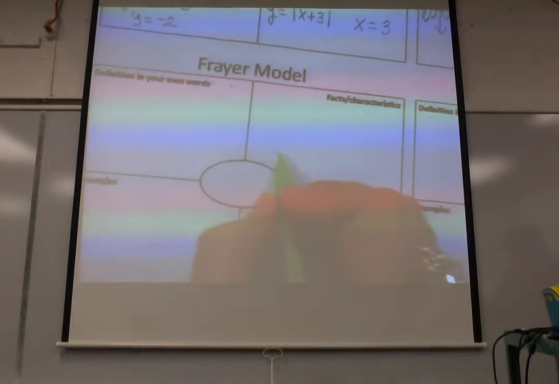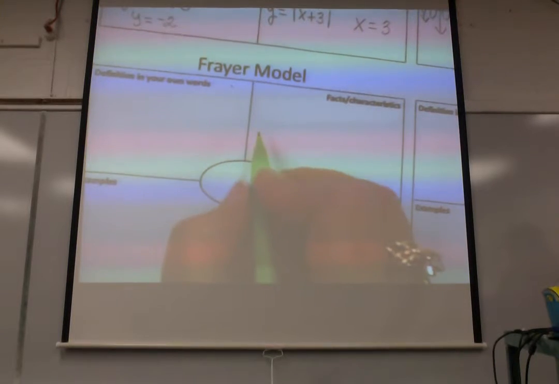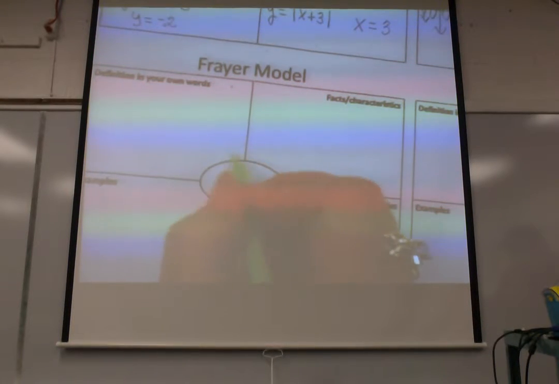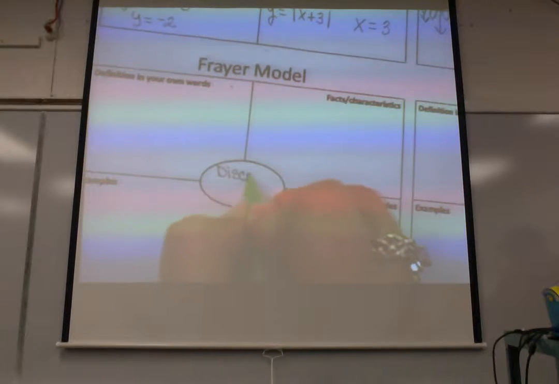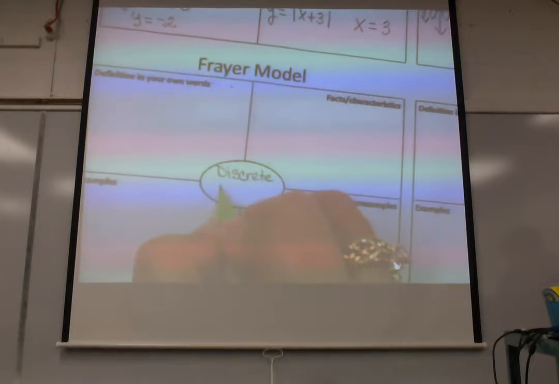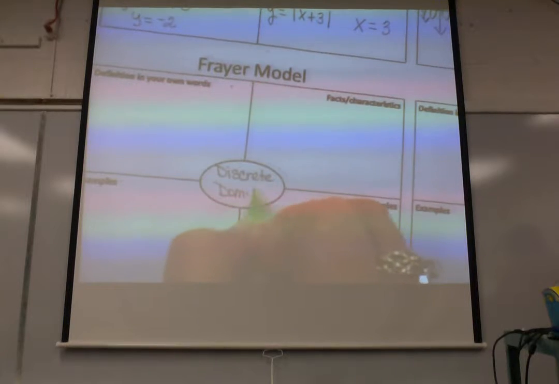Okay, before we get into discrete and continuous domain, I need somebody to remind me what domain is. The input values.